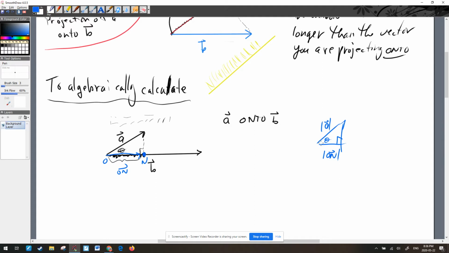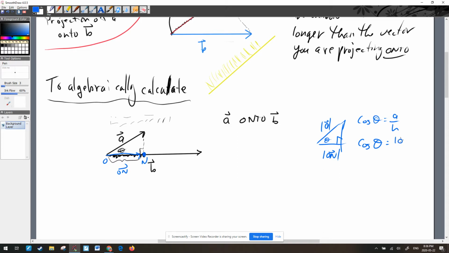So if I wanted to know how long this piece was, if I knew what theta was, I could use, this is adjacent to the angle, and this is hypotenuse. So we know, according to SOHCAHTOA, that the cosine of theta is equal to adjacent over hypotenuse, right? And in this particular case, the adjacent, again, because SOHCAHTOA doesn't deal in vectors, it deals in magnitudes, so this is going to be a length.